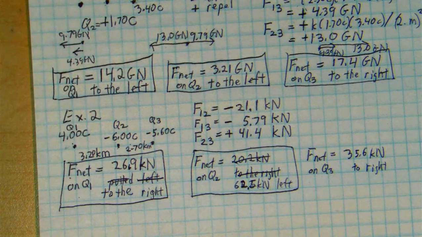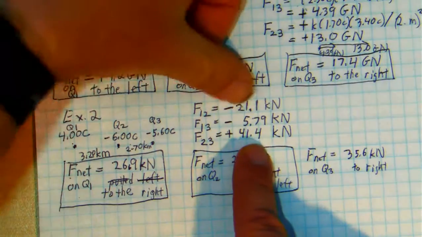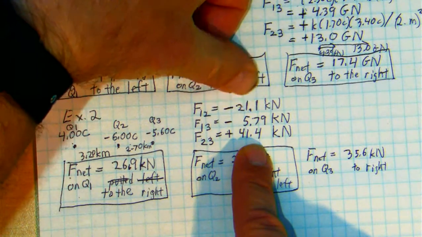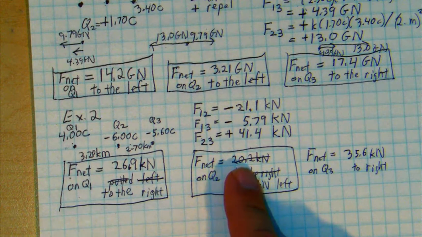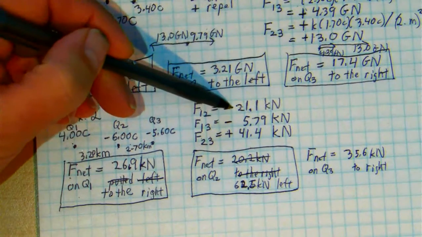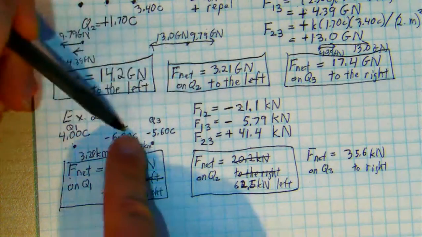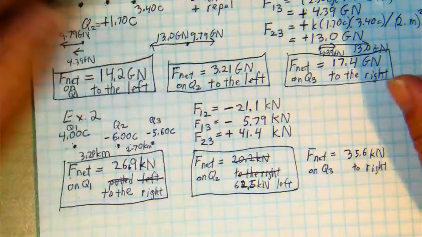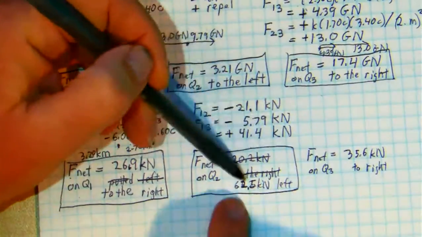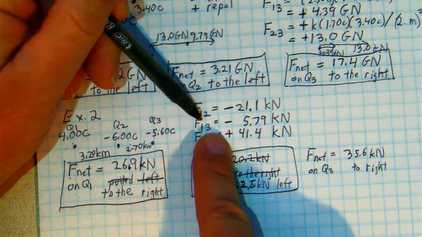So in this situation, I would take the difference of these. I'm sorry, I'm looking at the wrong numbers, aren't I? You were going to correct me, weren't you? I was looking at force 1, 2, but I'm on charge Q3, so this one is not used at all. Sorry. Now, I saw it because of your answers here.